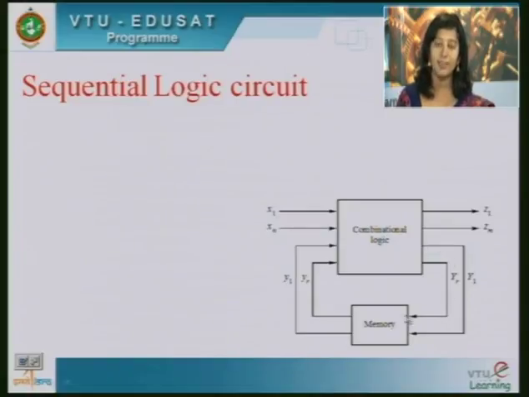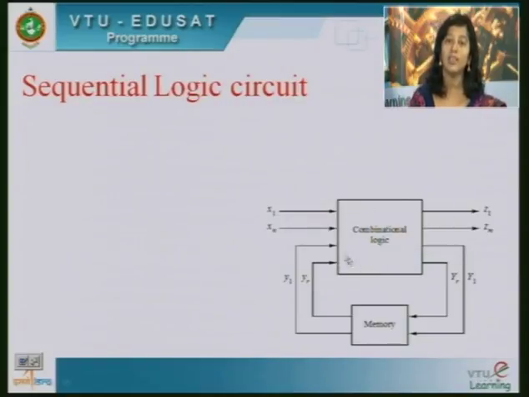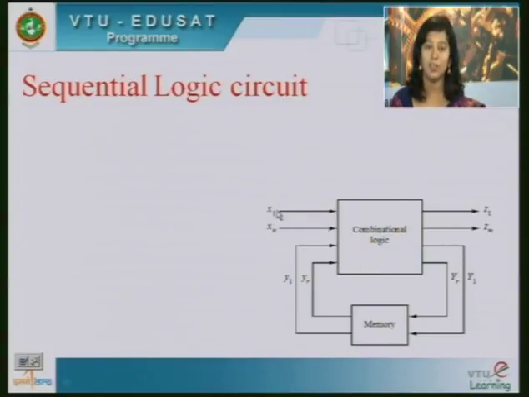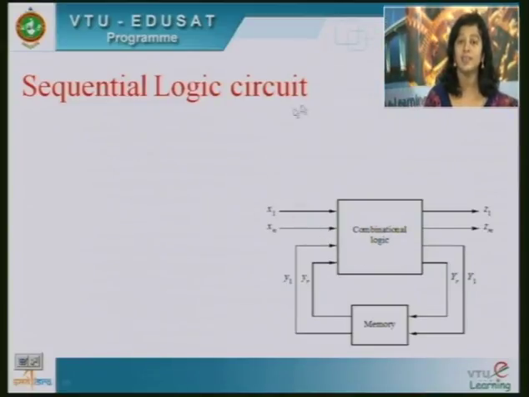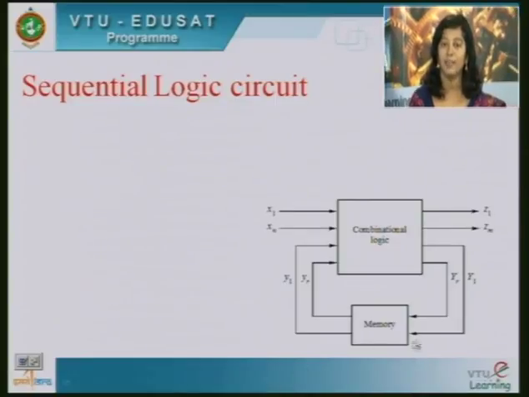This is taken and fed back to the input side, so that the logic depends on the present values of x1 to xn, and the previous output values y1 to yr. So, here it depends on the present as well as previous values. This is the way we can incorporate feedback.